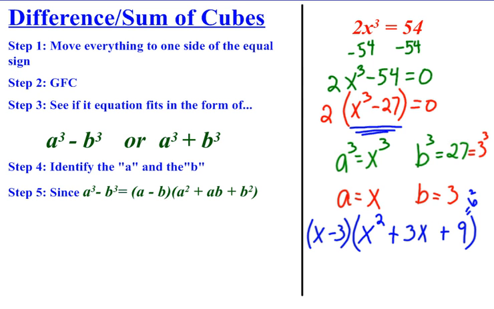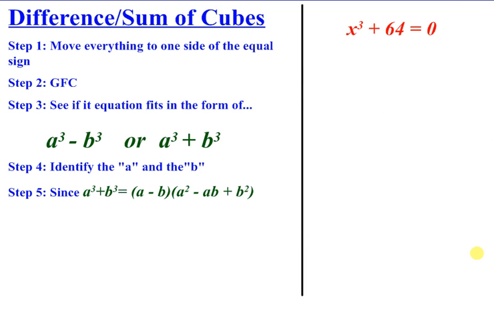Okay, so that is our factored form here. We also forgot to put our 2, bring that 2 down, that greatest common factor. So there, when we multiply everything out, we will get 2x cubed minus 54.